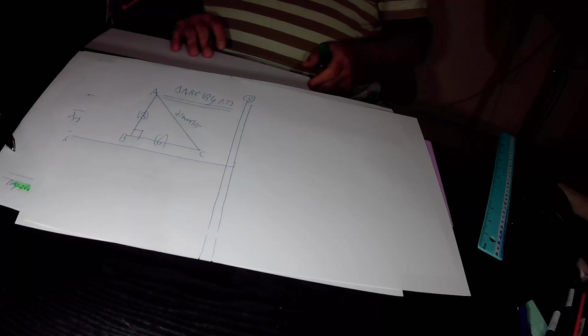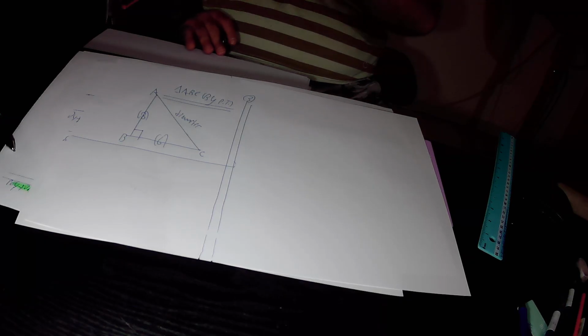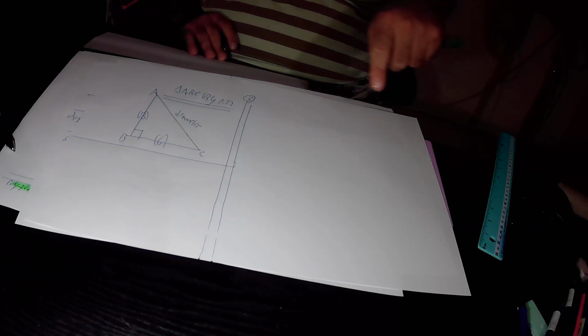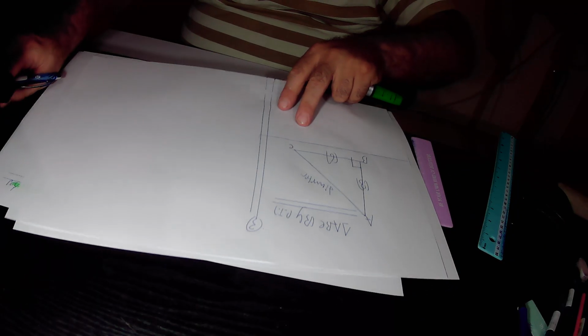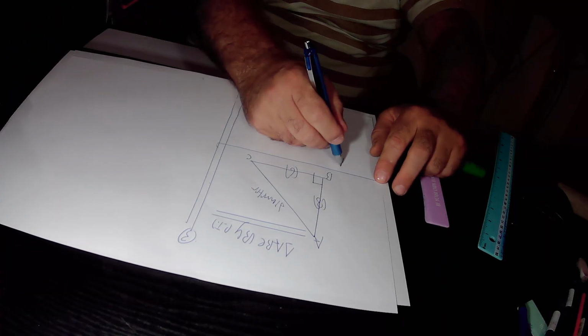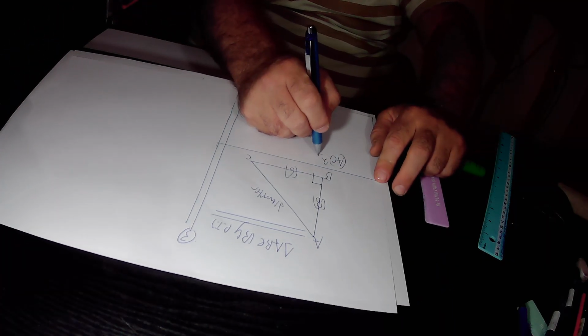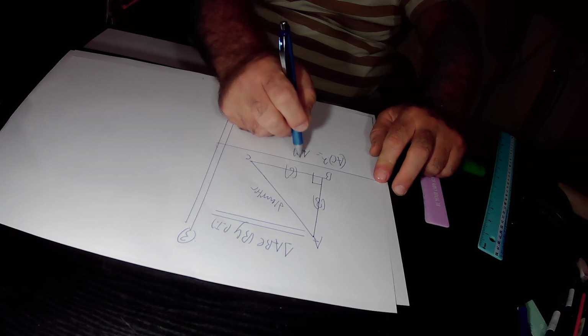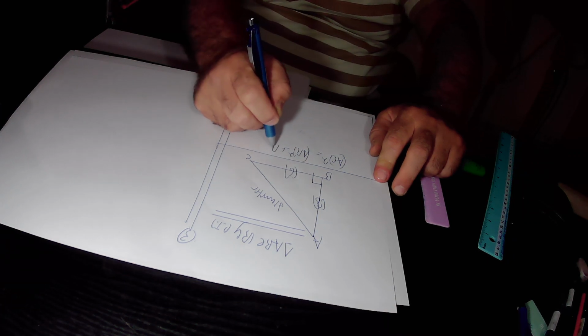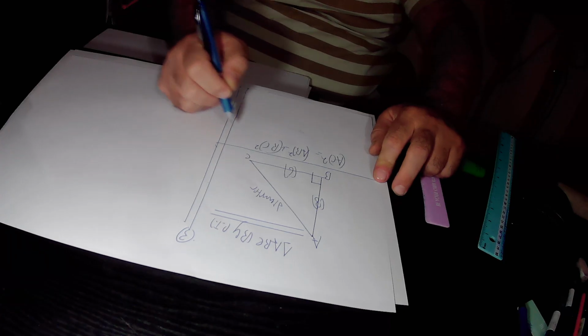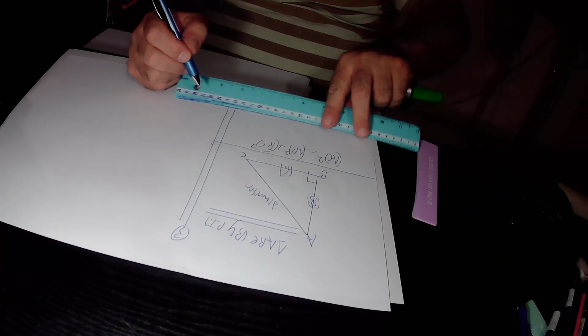According to the Pythagoras theorem, AC squared, that is the square of the hypotenuse, equals AB squared plus BC squared. So write it down. AC squared, that is the square of the hypotenuse, equals AB squared plus BC squared. AC is the missing side, so we'll leave it as it is.